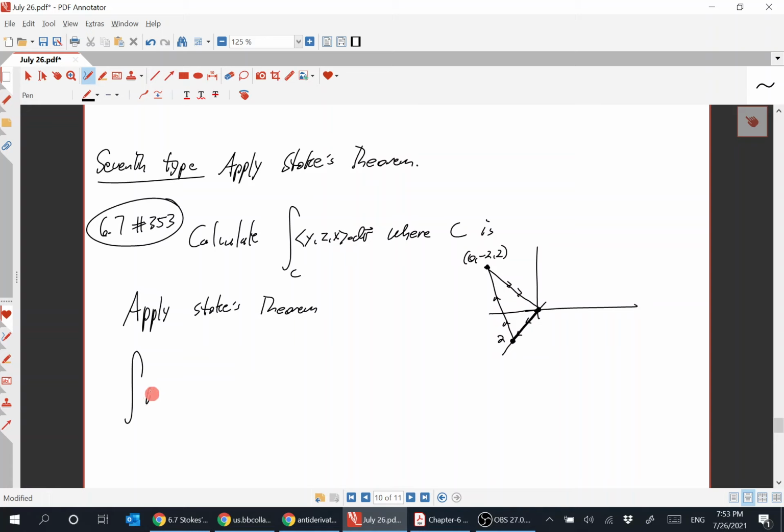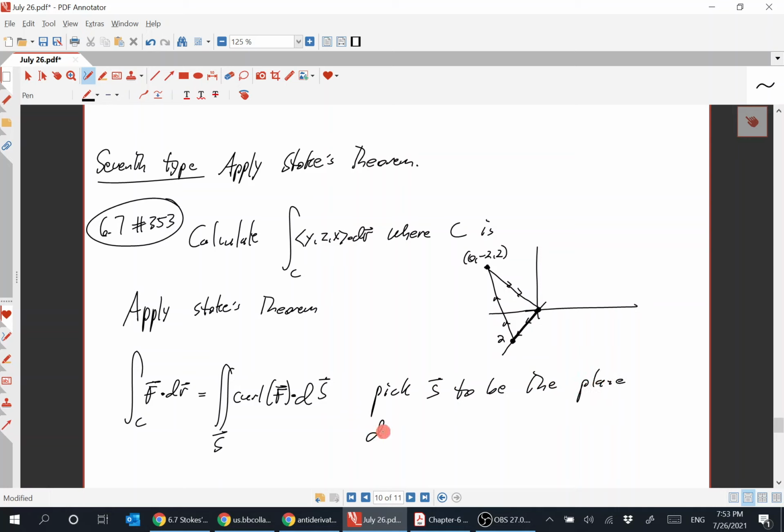So Stokes' theorem is that the line integral of F dot dr over C is equal to the surface integral over S of the curl of F dot dS. And let's pick S to be the plane defined by this triangle.